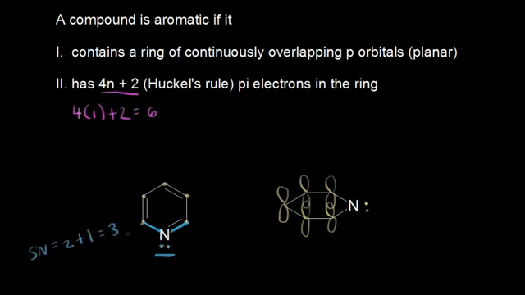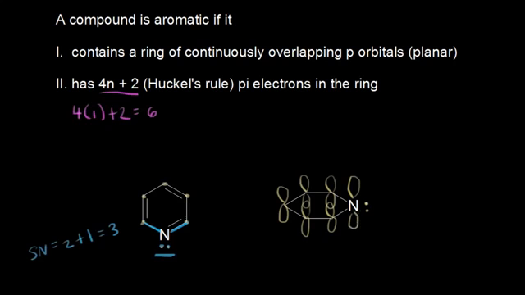And so the steric number is equal to 3. So this nitrogen must have 3 hybrid orbitals, and therefore it's sp2 hybridized. So it has 3 sp2 hybridized orbitals, and therefore 1 p orbital, an unhybridized p orbital. So this nitrogen is also sp2 hybridized, and so we can go ahead and sketch in the p orbital like that.